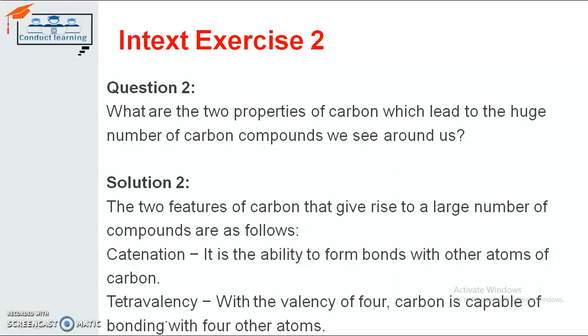In short, because of the two properties of carbon, catenation and tetravalency, carbon has a large number of compounds. Catenation defines that a carbon-carbon long chain is possible. And tetravalency defines that carbon has 4 valency, so it can share each of its electrons with another element which has a valency of 1. So that's why we have 30 lakh or 3 million carbon compounds.